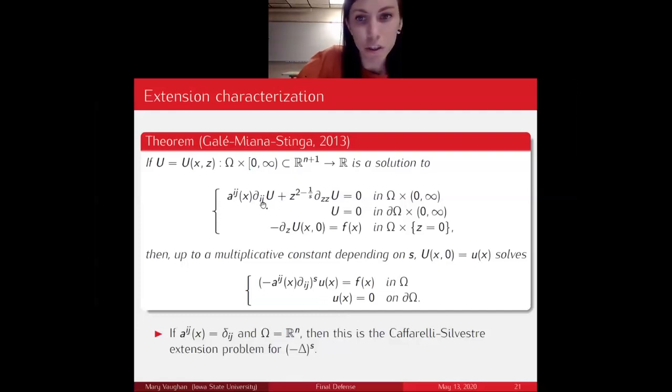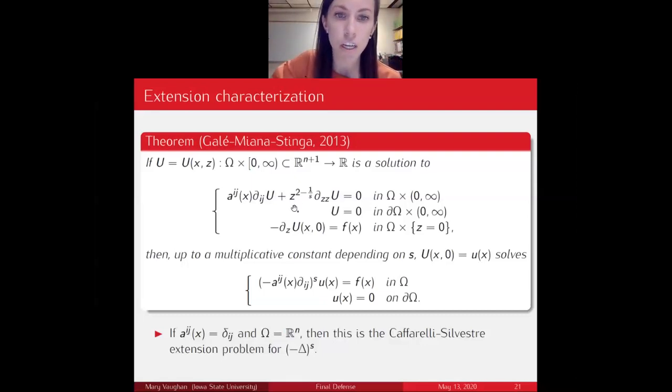So I'll just note a couple of things up here. You'll see this is our non-divergence form operator, the non-fractional power, and we have the z to the 2 minus 1 over s. And so this is a degenerate equation because if s is 1/2, then this is just 1.